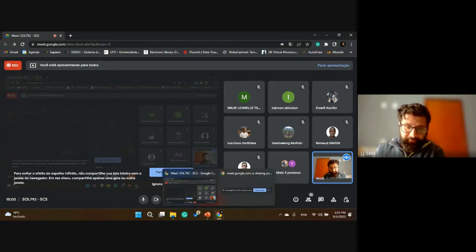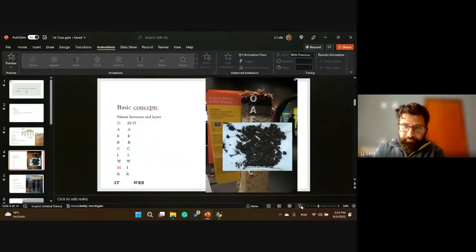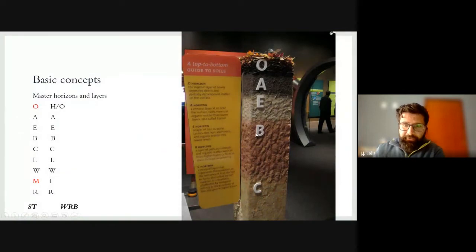Like this. Is this a horizon or a layer, or this, or this, or this? How can we identify a layer or a horizon in the field?